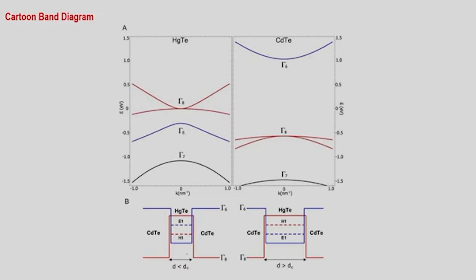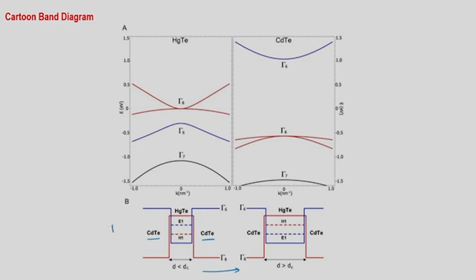For d less than dc, you see that blue is the conduction band and this is the valence band, and this is the HgTe inside, and there are these CdTe outside. The electron and the hole bands are shown by blue and red colors, and when the width of the well is increased, and d becomes greater than dc, one has an inversion, so the electronic level comes below the hole level.